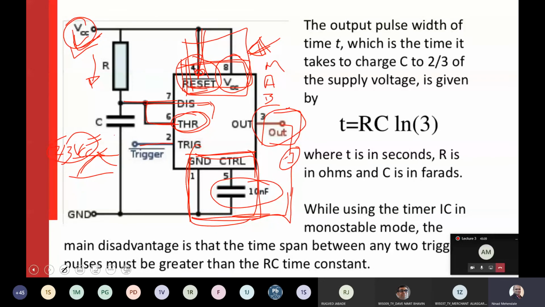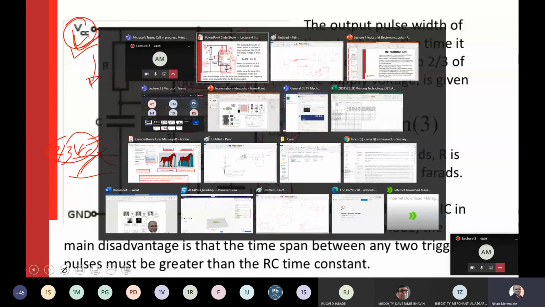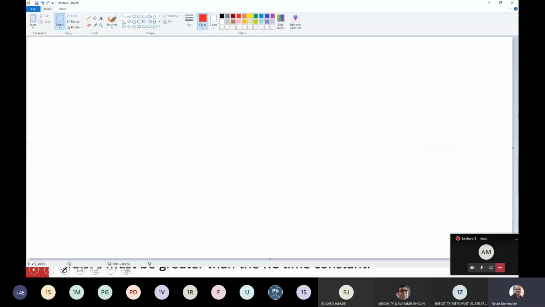When you give a pulse, which is a negative trigger, what is a negative trigger? Let me try to explain this with the help of a diagram. Generally when we say trigger, we give a pulse from 0 volt to 5 volt. But IC 555 requires a negative trigger.